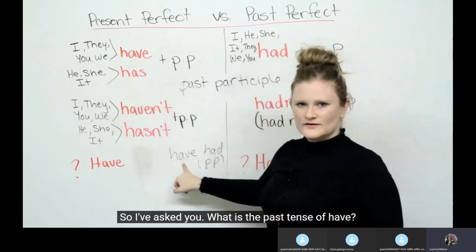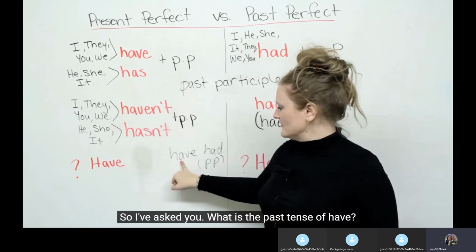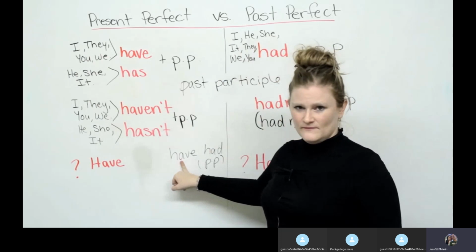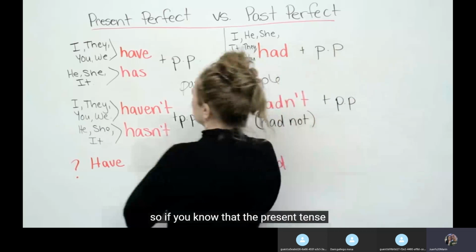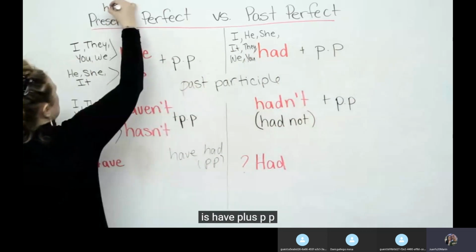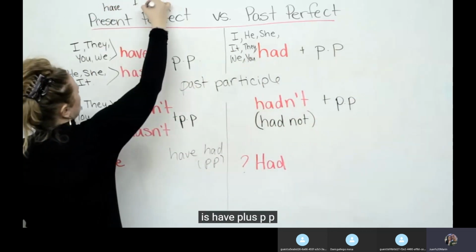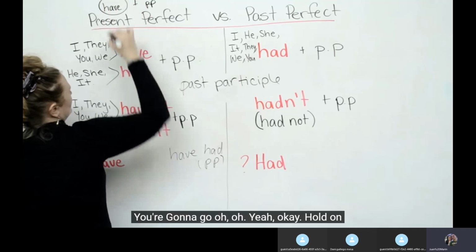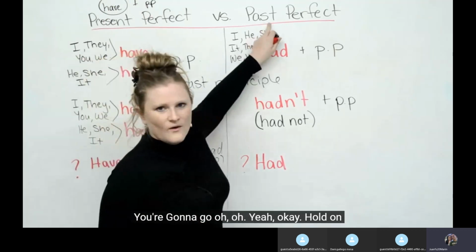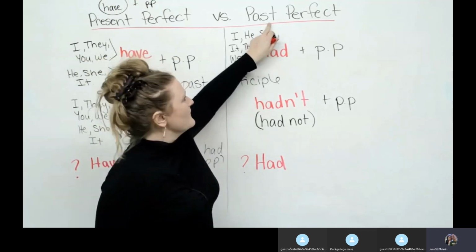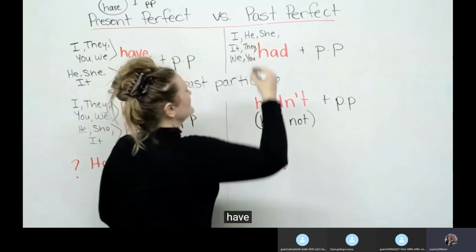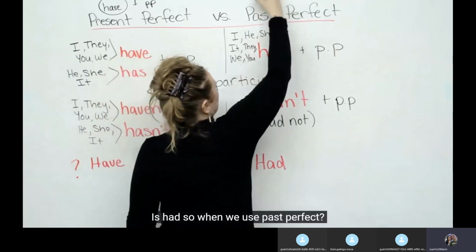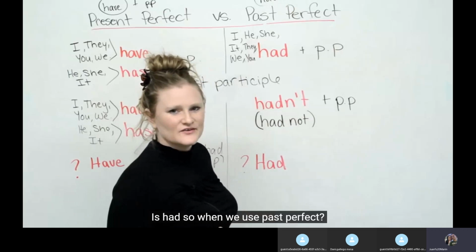So, I've asked you, what is the past tense of have? Answer, had. So if you know that the present tense is have plus PP, you're going to go, oh, yeah, okay, hold on. The past tense of have is had.